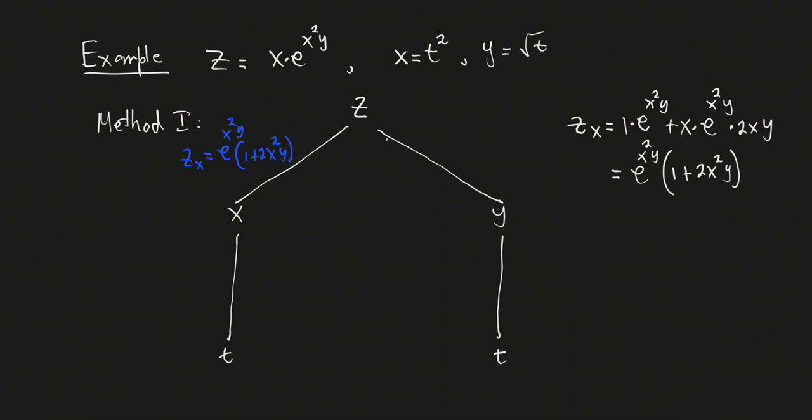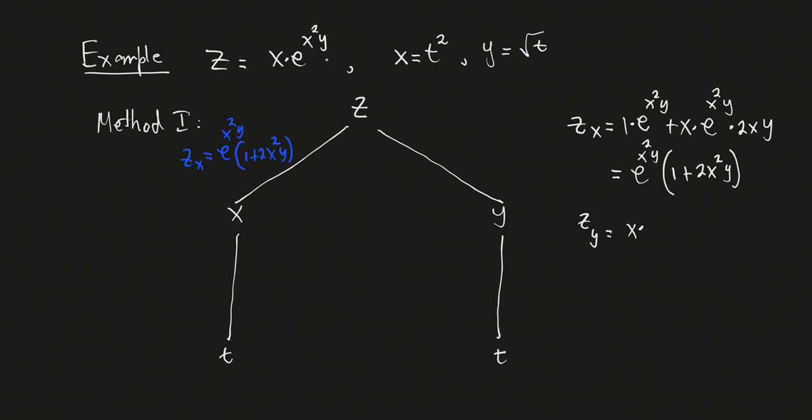So that's that one. Now let's do our z sub y. That's the partial derivative that's going to go on this branch. Again, you don't have to label the branches, but let's decorate the tree and make it all festive. So we have z sub y, and now differentiating with respect to y, we get to treat the x as a constant. So this x is a constant multiple. It comes down.